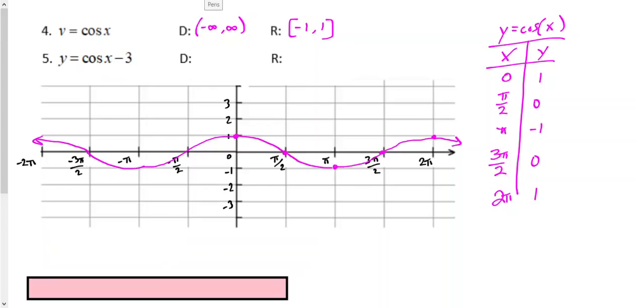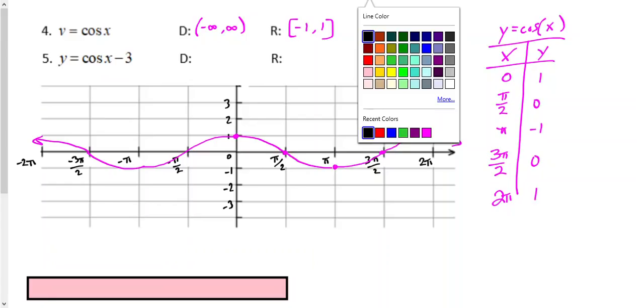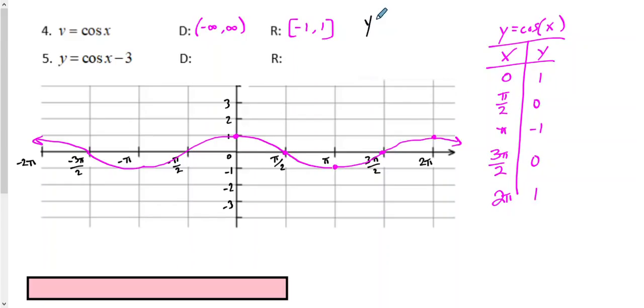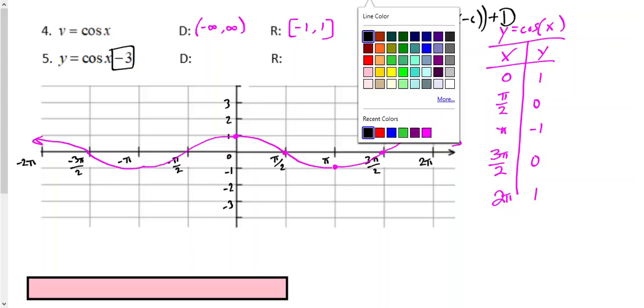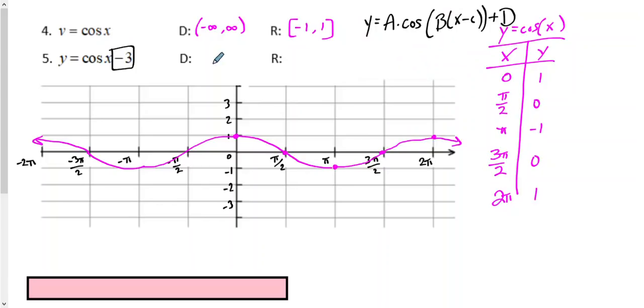So if you will recall, where's the correct color? There it is. If you will recall our standard form of this equation, b times x minus c plus d. The only change that we're making is a plus d, but it doesn't look like a plus because it's a minus. So we are really adding negative 3 to all of the y values.